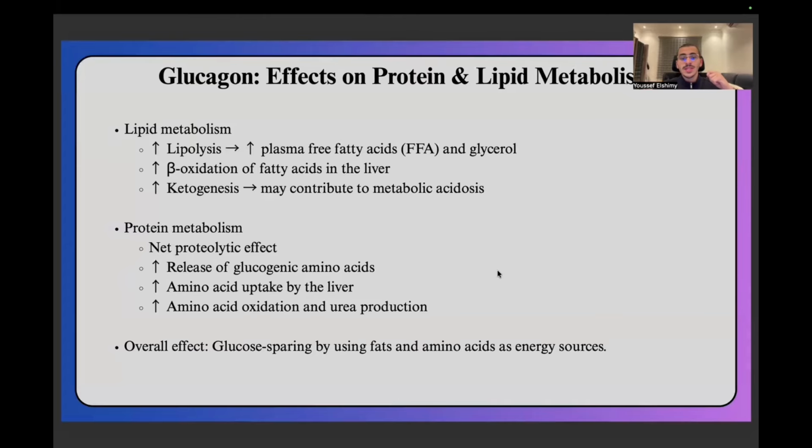The body wants to break down gluconeogenic amino acids or proteins in order for these to get taken up by the liver, and these amino acids would then be oxidized and would enter the urea cycle, and urea would be produced, as well as these amino acids would go through gluconeogenesis to produce glucose. So the overall effect is glucose sparing by using fats and amino acids as the energy sources.